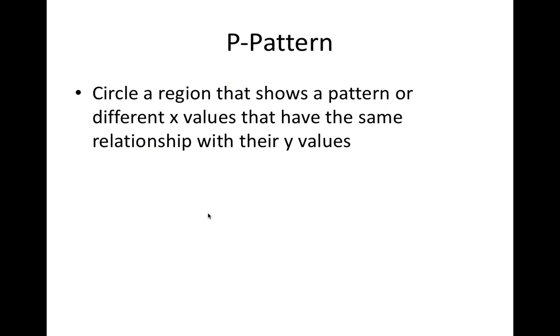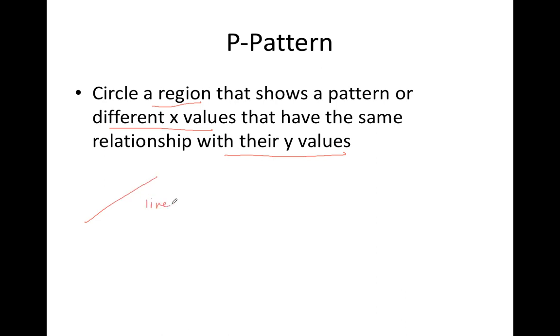All right. The last thing you're going to do is then establish a pattern. Okay, so the pattern, you basically can do it for the entire graph. I think that's best, but you can also just do it for a particular region that shows different x values have the same relationship with the y value. So this is really similar to math where you're looking for increases.